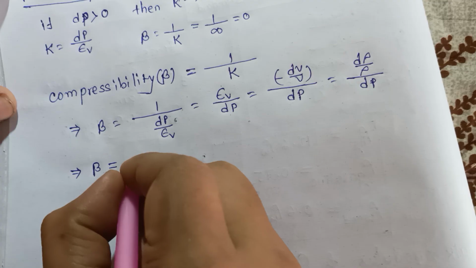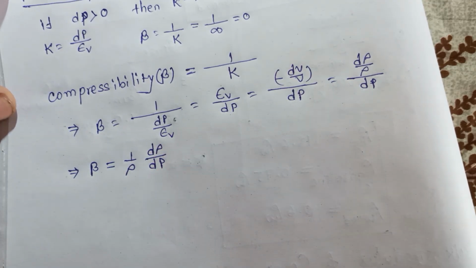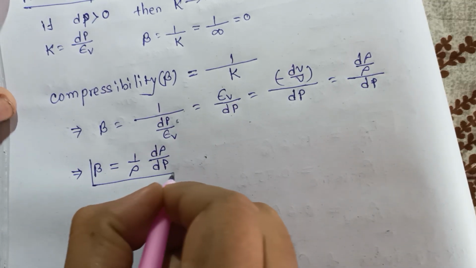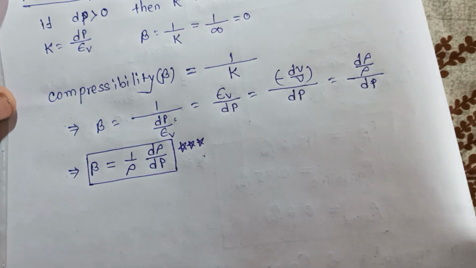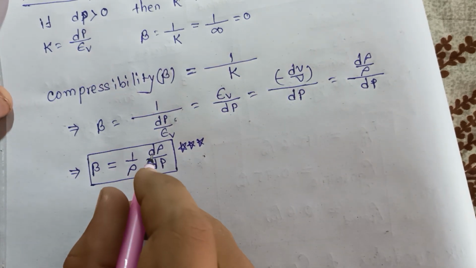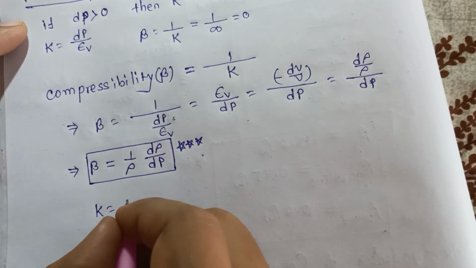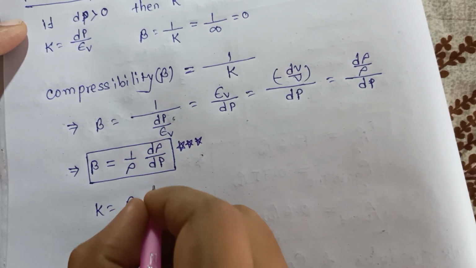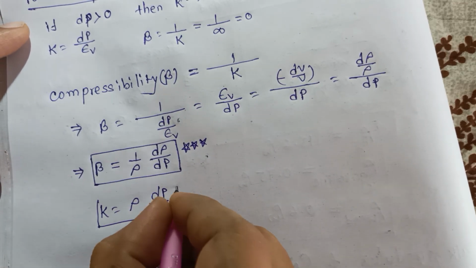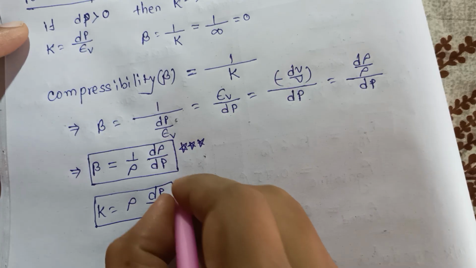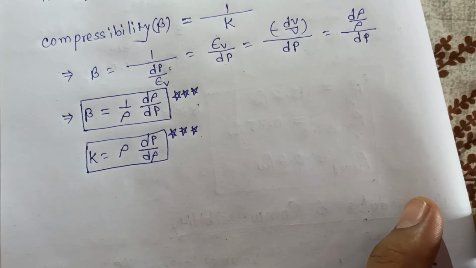This is a very important formula. And K, we know the formula, that is rho into dP by d rho. This is also an important formula. Remember these formulas, very important.